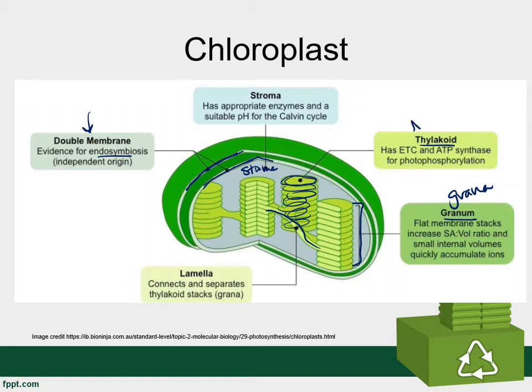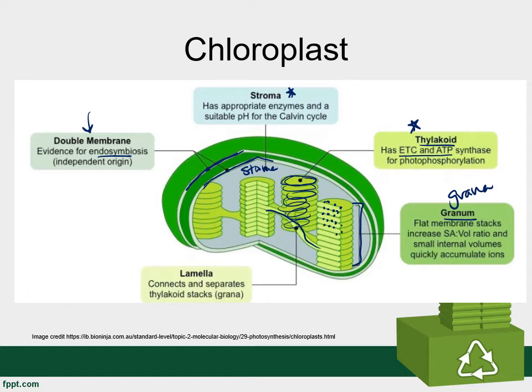We're going to focus a lot on thylakoid and stroma when we talk about the reactions that occur in photosynthesis. The thylakoid has the electron transport chain, ATP synthase, and the chlorophylls. So chlorophylls that are part of our photosystems are embedded in all of these pancakes, these thylakoid membranes.